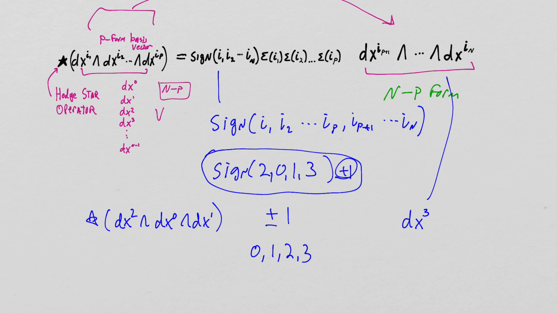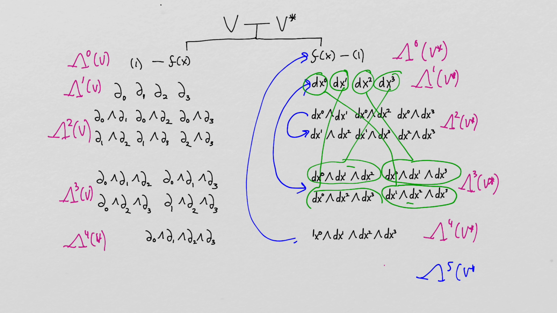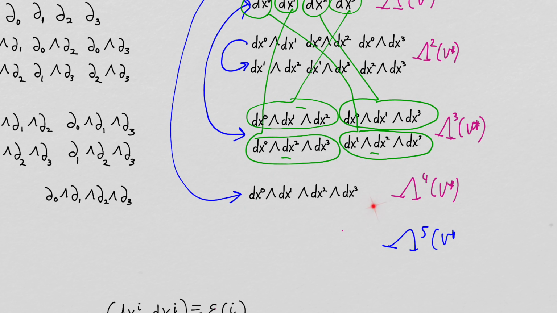And what that's basically saying is when you go back here, you've chosen this highest order K form, the 4 form. You've chosen that as your definitive basis vector. So this becomes sort of the reference sequence of numbers, 0, 1, 2, and 3. Once you've chosen this, everything needs to conform to that.